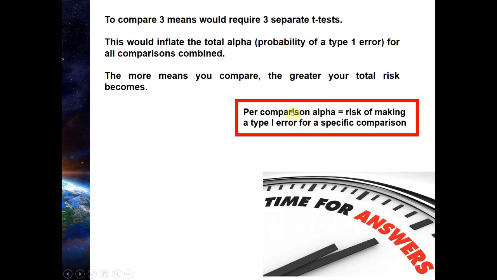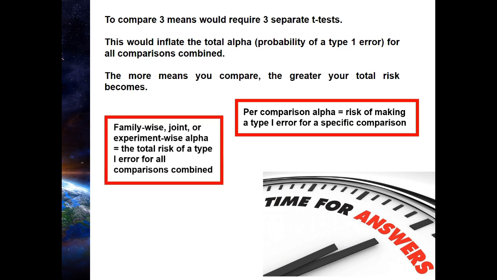You would have another per comparison alpha to compare means 1 and 3, because that's a separate t-test. Each of those per comparison alphas carries a risk of making a type 1 error, and what that risk is depends on what we set alpha at. If we set it at 0.05, then each per comparison alpha is 0.05. If we set it at 0.01, well, then it's 0.01.